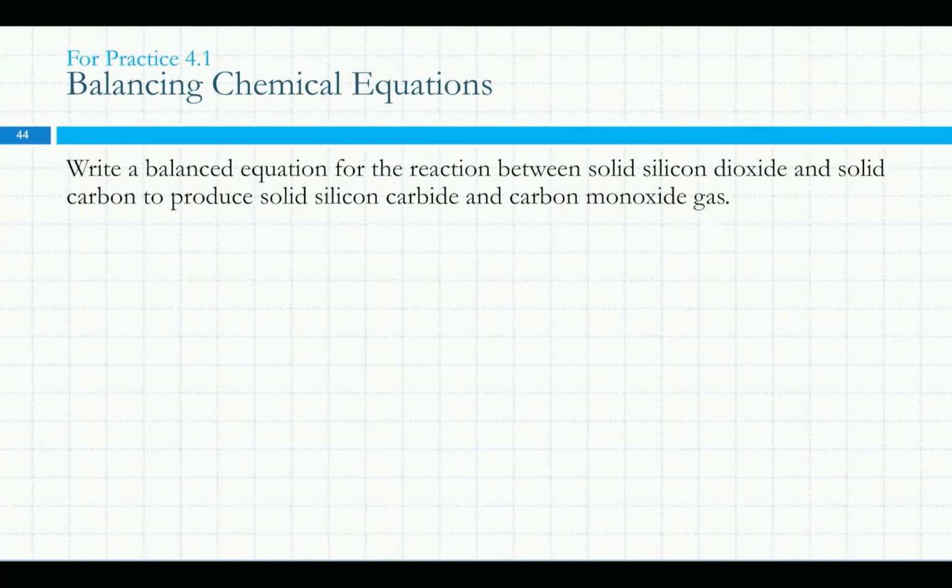All right. So what's the formula for silicon dioxide? SiO2. And it's a solid, so a little parentheses S, solid carbon, to produce silicon carbide and carbon monoxide gas.